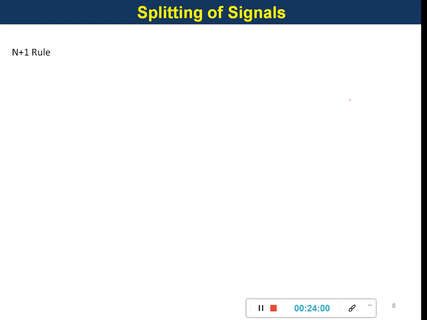N is the number of equivalent protons that are bonded to the adjacent carbon. So, the number of splitting that occurs is 1 more than the number of equivalent protons bonded to the adjacent carbon. If the adjacent carbon has 3 protons, then it will be split into 4 peaks.